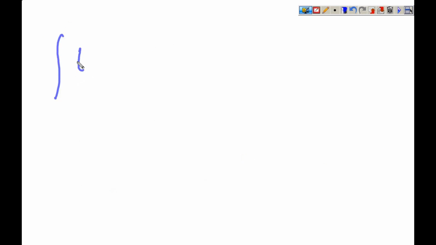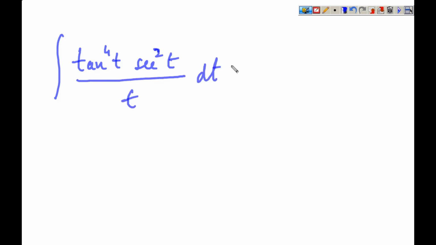I'll get tan to the power 4 t times secant square t by t dt. So I'll get 2t times dt, and this t and t will get cancelled out, so I'm left with only 2 here. In an integral we keep the constant outside.